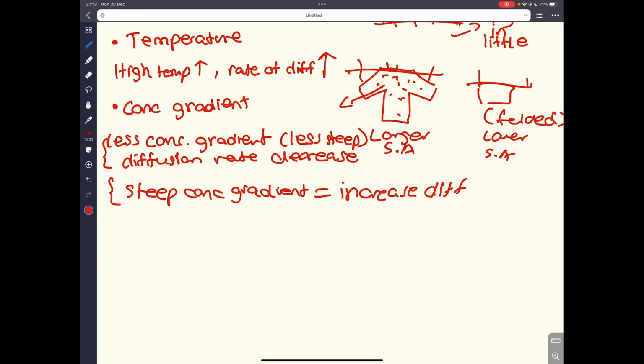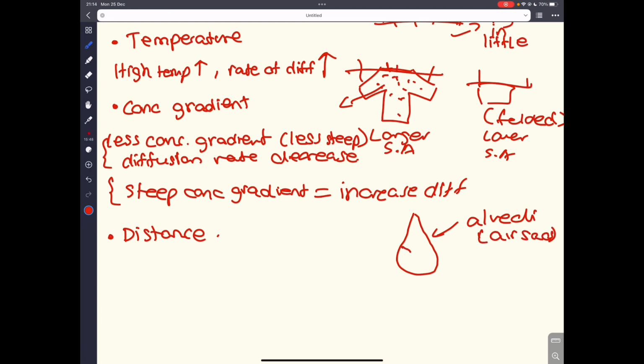Now, the third factor which affects diffusion is distance. Distance is also another factor. A classic example for explaining distance is inside your alveoli, the air sacs in your lungs. These are alveoli, basically air sacs.